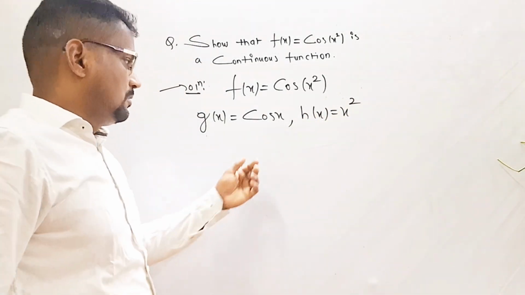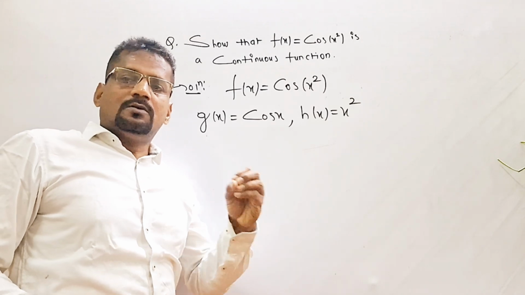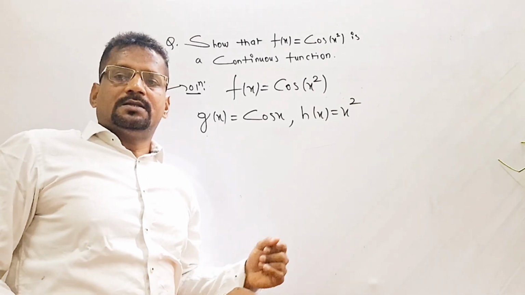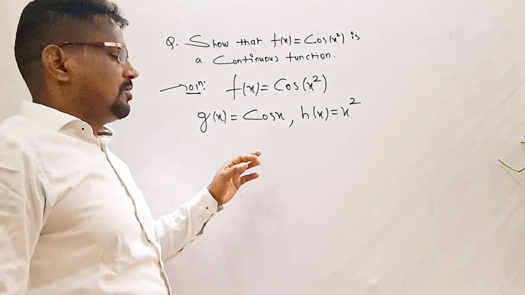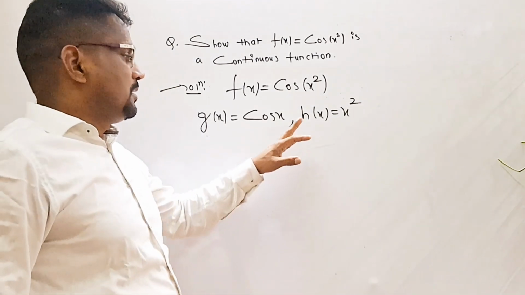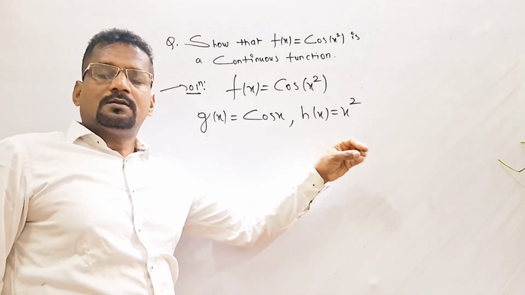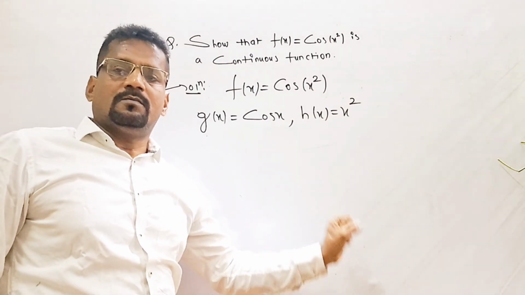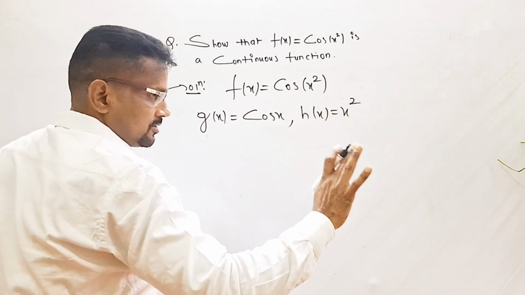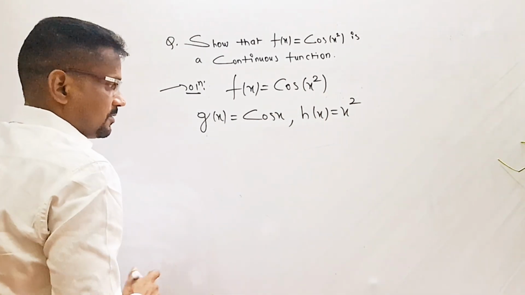Now see, sine, cos, tan, all these are continuous functions. We can prove it also, wherever they are defined, because sine and cos functions are always continuous for all values of x. Then h(x) is a polynomial function. It is always continuous for all values of x. So g is a continuous function, h is a continuous function. We don't have any doubt about it.